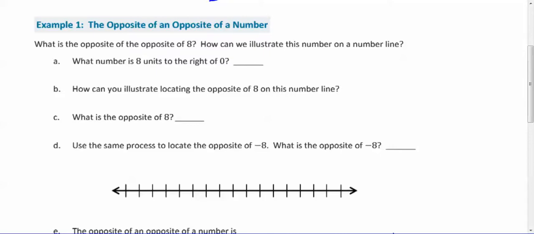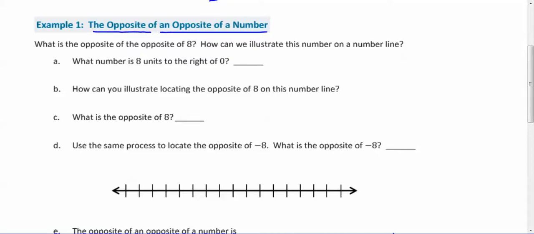Same number, except the sign changes, from positive to negative or negative to positive. Now, do you guys see this? Example 1, the opposite of an opposite of a number. It's like a double backflip. I don't know. It just means you're at the same place. So the opposite of an opposite.